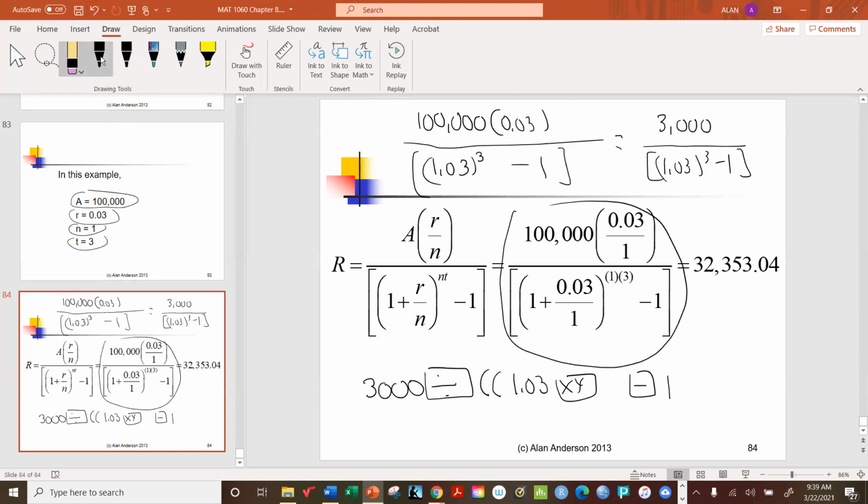There should be a 3. Sorry, parenthesis after this 3. And then an equal sign. There we go.